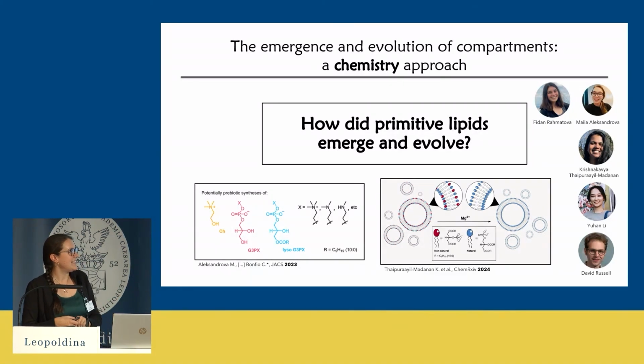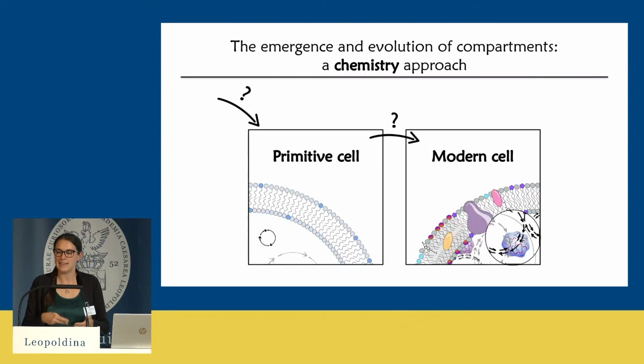Now, I said that this is the only slide I'm going to show you about lipids, because there's another type of compartment that is quite present in modern cells, and that in the past decade or so has been quite explored in terms of proposing models of primitive cells.